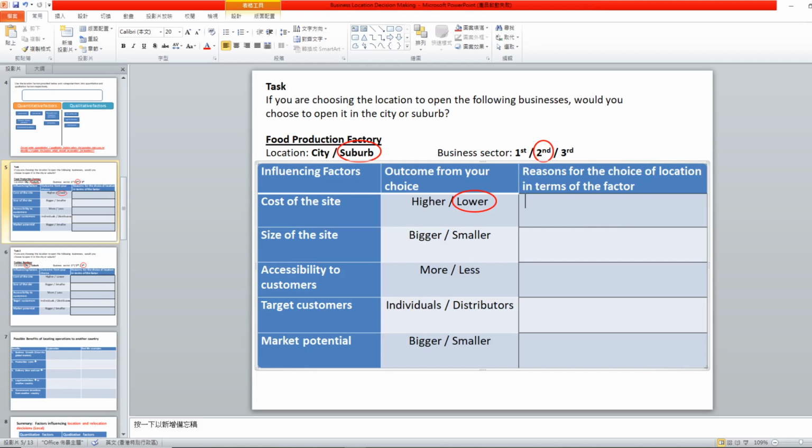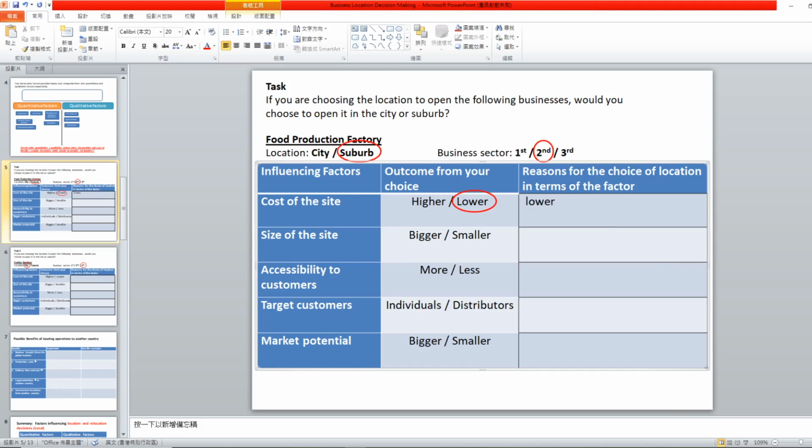Lower cost, which will give you a higher profit. That is good. So make sure that you put the points in the chat box, right in the slide. So, lower cost.